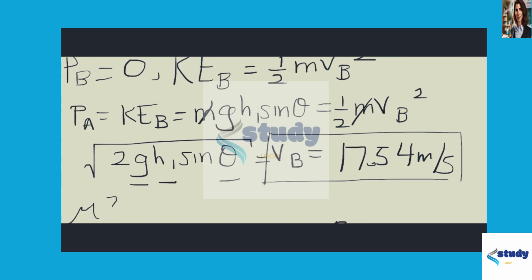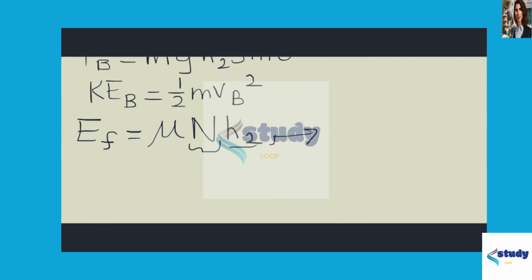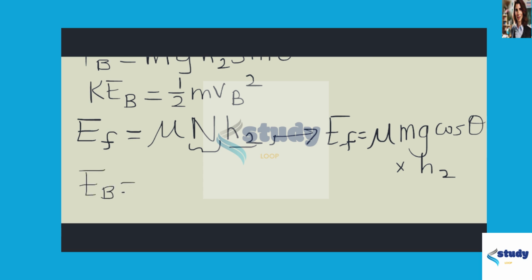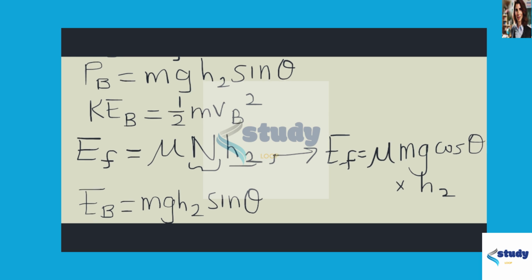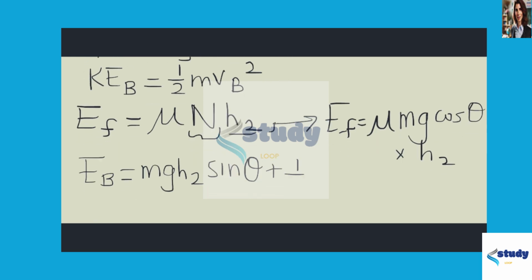So now if we scroll back down, we can write this in, and we can say that EF is equal to mu mg cosine theta times H2. So let's set everything equal to each other. We know that EB is equal to mgH2 sine theta plus 1/2 mvB squared, and that's equal to EF.